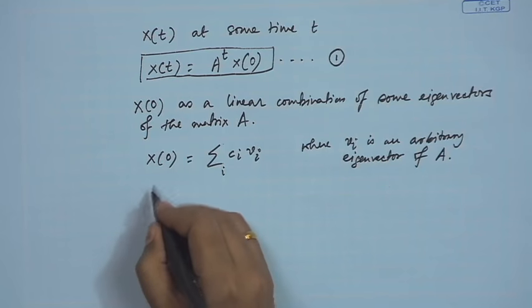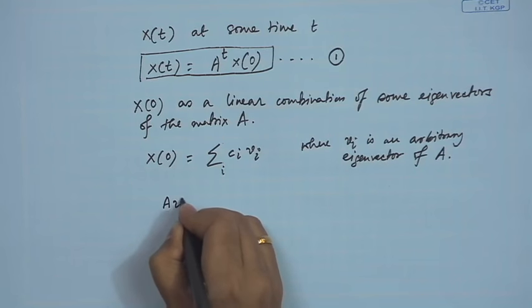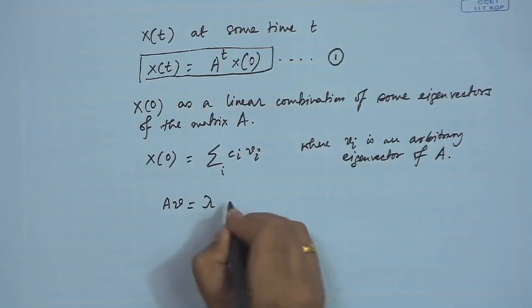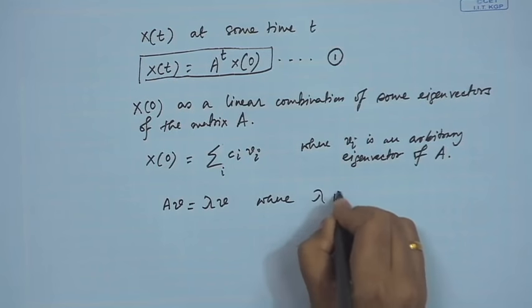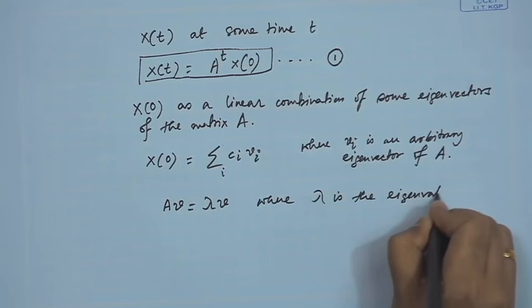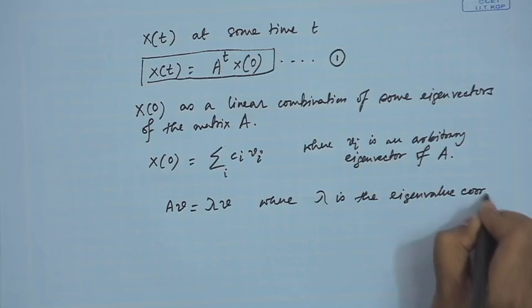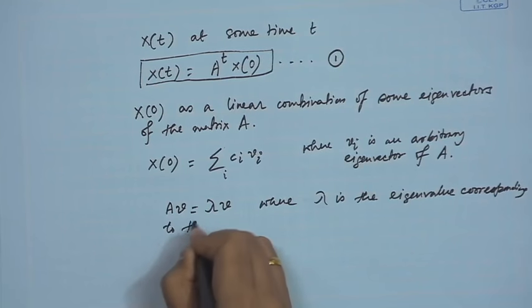Further, from the eigenvector equation, we all know that A v should be equal to lambda v, where lambda is the eigenvalue corresponding to the eigenvector v.